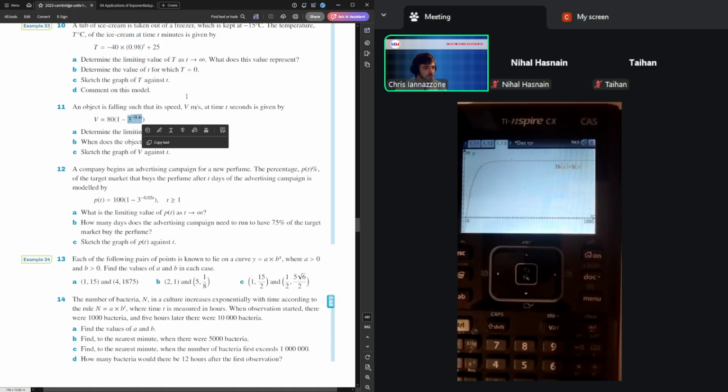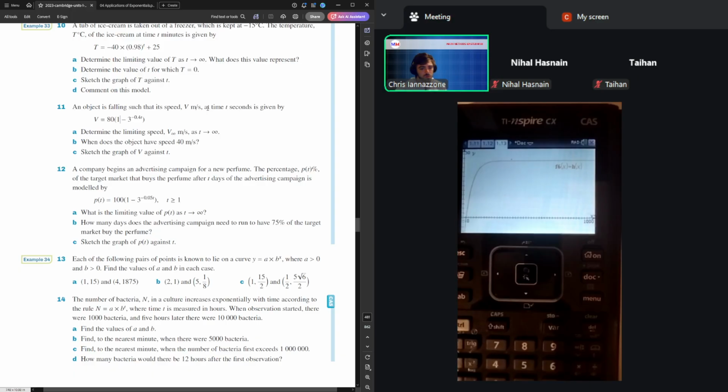If you go to infinity here, that's an infinitely negative exponential, so that's going to be 0, which means 1 minus 1, so it's going to be 0. Anything with a massive fraction there is effectively 0. 3 to the power of 0 is 1, 1 minus 1 is 0, so we're tending towards velocity 0.